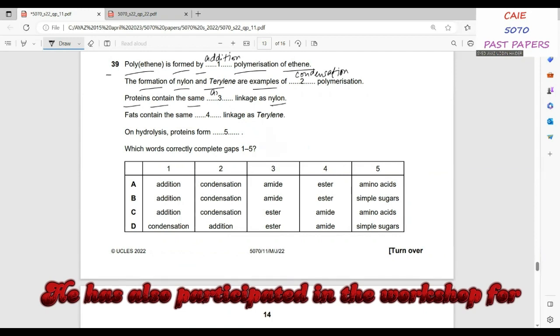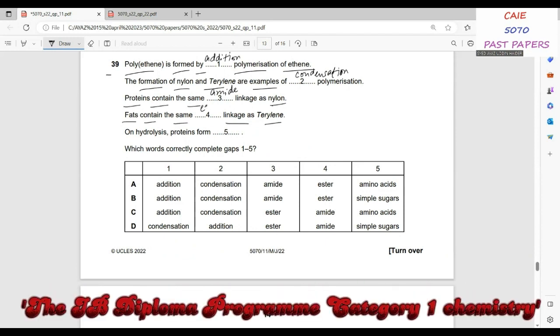So you write amide here. Fats contain the same dash linkage as terylene. So it must be ester linkage. On hydrolysis, proteins form amino acids. So if you look at all the choices, only choice A will be the correct one for this question.